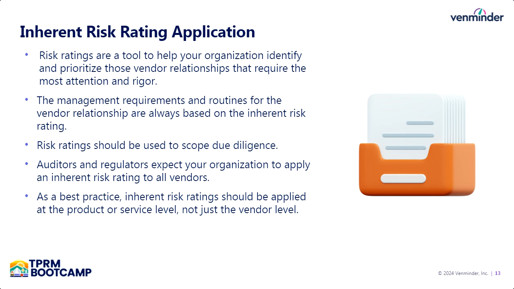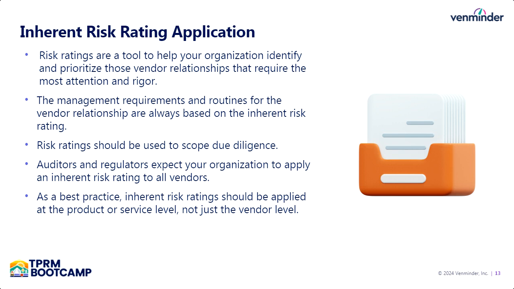First of all, risk ratings help you identify and prioritize which relationships need the most attention. And they're going to help you determine the requirements and routines for managing that relationship. So for example, higher risk relationships need more frequent and intensive risk reassessments, due diligence, risk and performance management, etc.